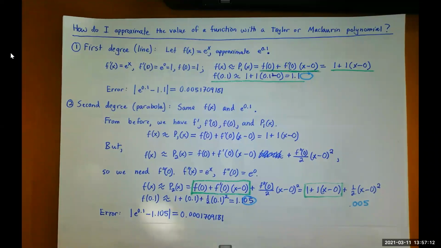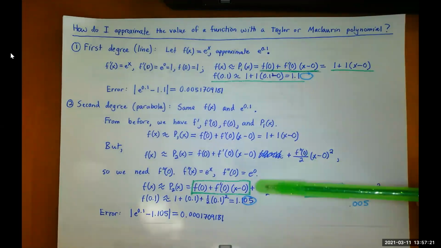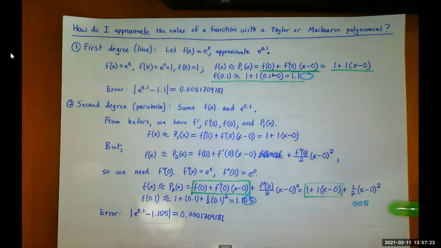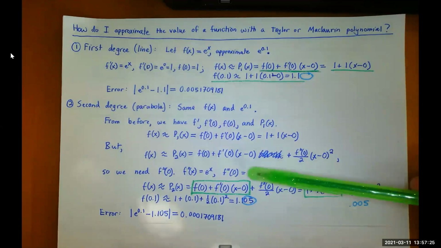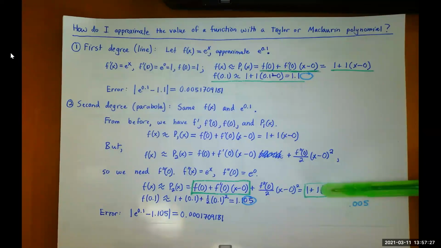We are within already 3 decimal places of accuracy. And all we've done is used a tangent parabola, which, by the way, was not all that hard. We had to take a derivative, and then we got 1 plus 1 times 0.1 plus 1/2 times 0.1 times itself. We could do all of that without a calculator. Pretty sweet.